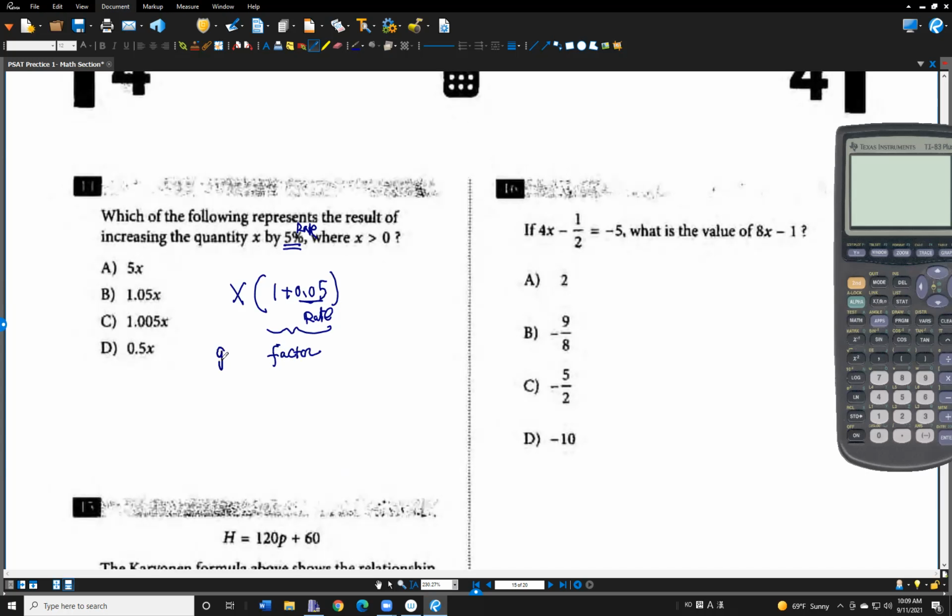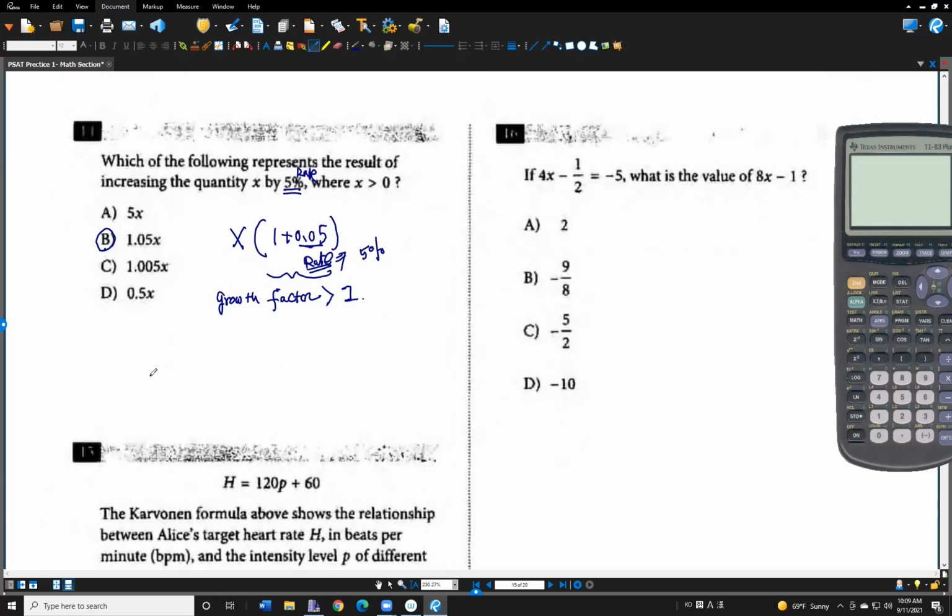Or the exact name is growth factor, right? That is increased by 1. Greater than or equal to 1 is a growth factor. But this number inside is the rate, and the rate is always in terms of a percent. Growth rate is 5%. So 1.05x is the answer. Choice B is the answer.